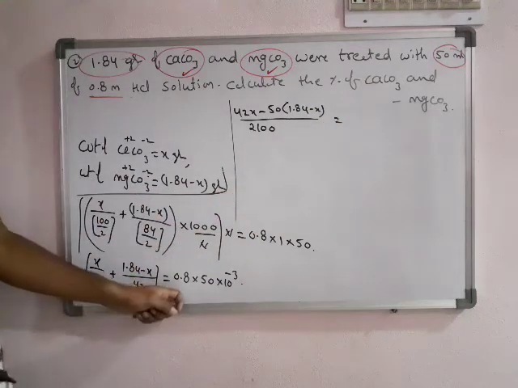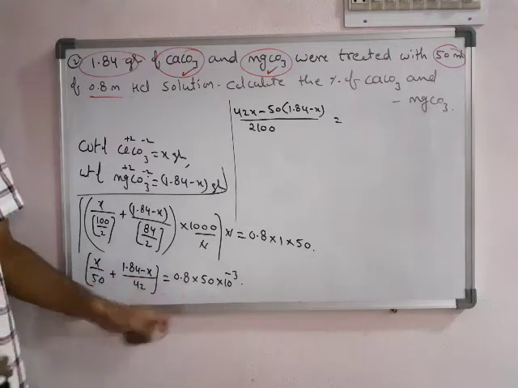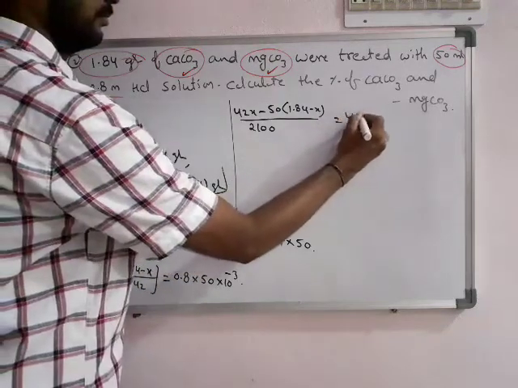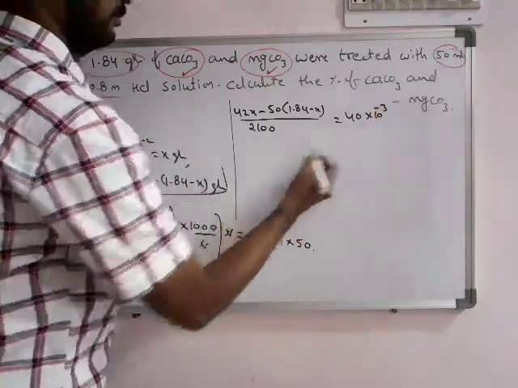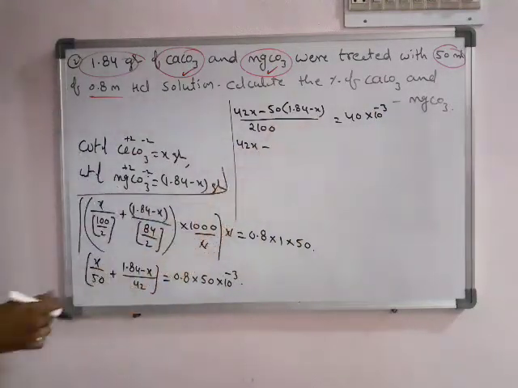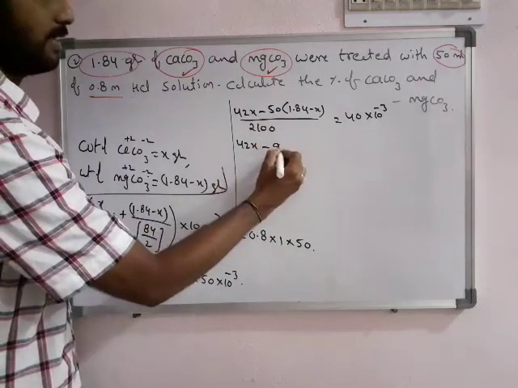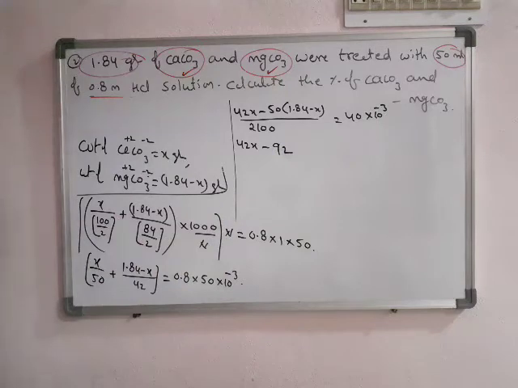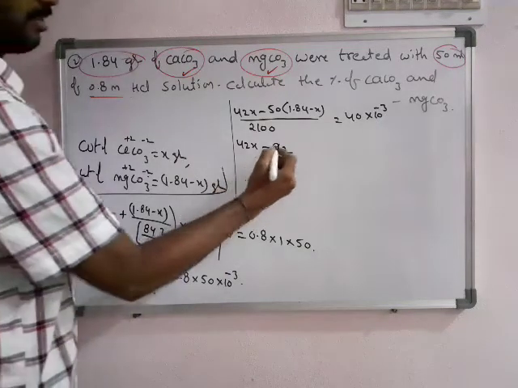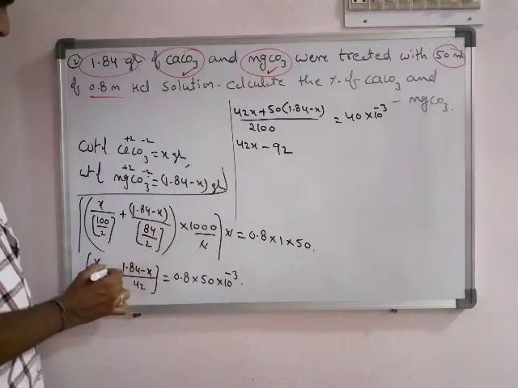So here 0.8, approximately we will get 40. x minus 15 into 1.84, approximately we get 92 minus 50x.